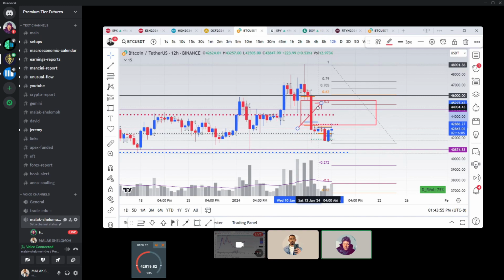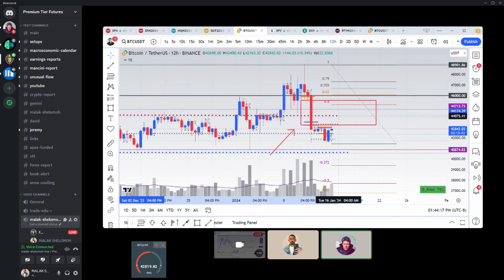It could easily come back and test up into like the 50% range and then fail, you know? So I'm seeing kind of a mix: we could get a bullish pullback, but a bearish response.